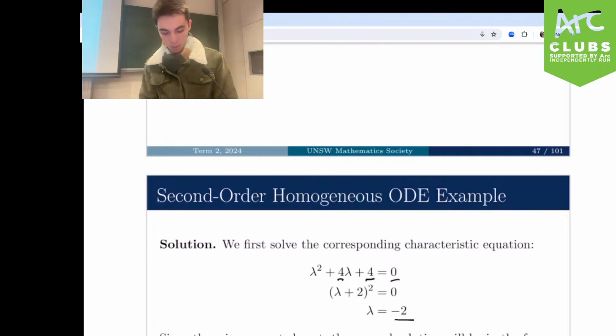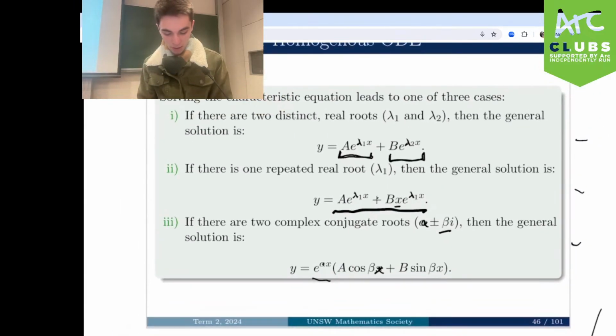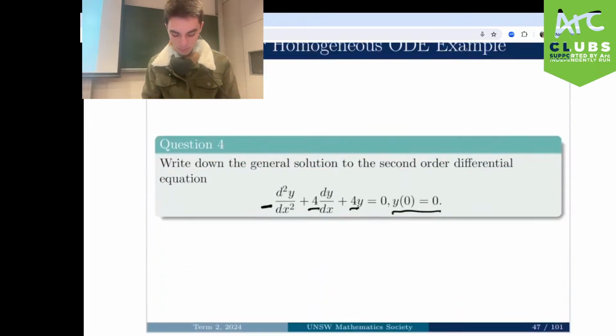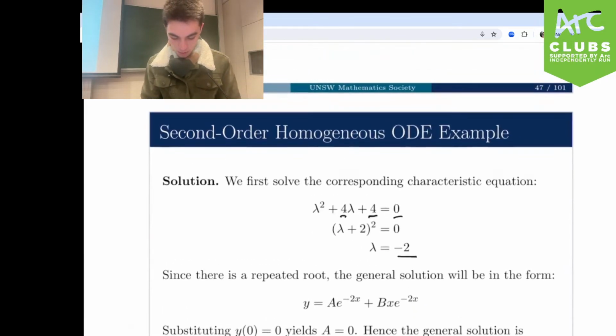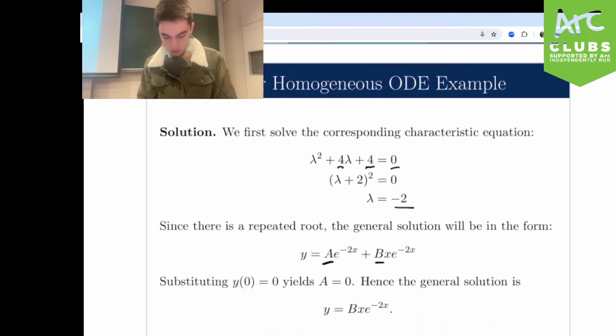Since it's a double root, if we have a look at our table, our general solution is going to look like two exponential functions, but one of them multiplied by x, okay? So this is what our general solution is going to look like, right? All we have to do now is solve for these coefficients, right, in front of the two terms. So once we substitute in our initial values, where x equals 0 and y equals 0, we get this.